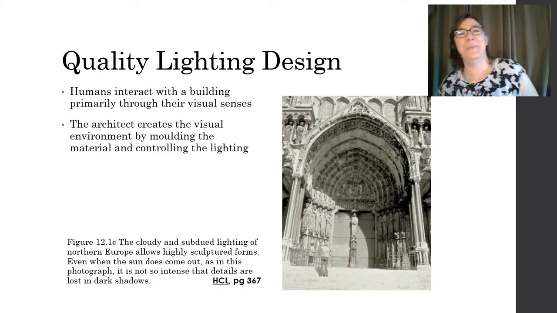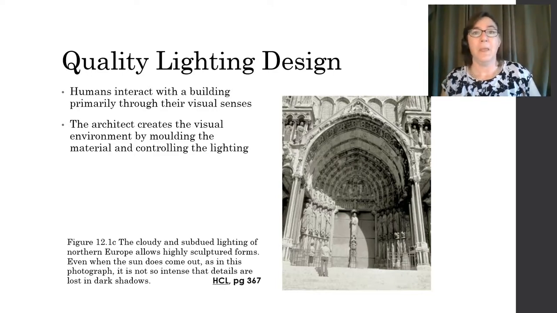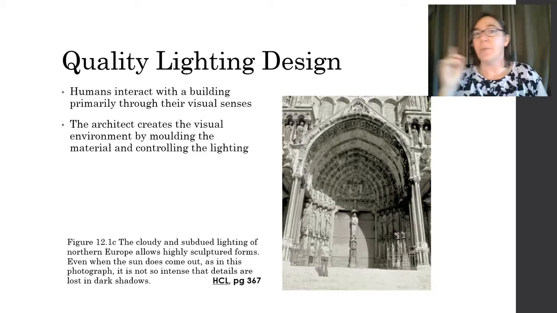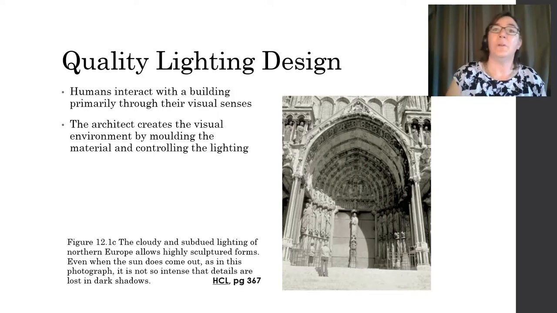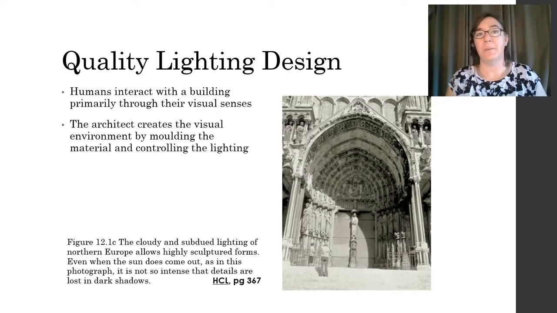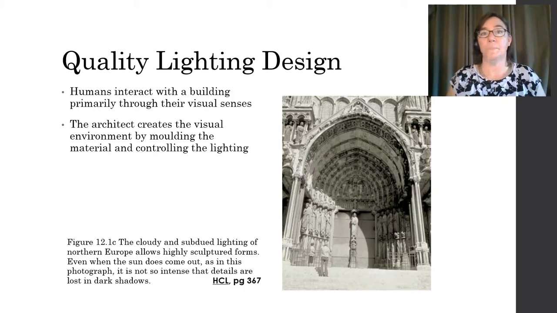And in fact, in a previous module, we talked a lot about thermal comfort. But it's true that we see buildings, all right, and exist in a visual environment. An architect then will create that visual environment by molding the form of the building and also controlling how light hits that form.